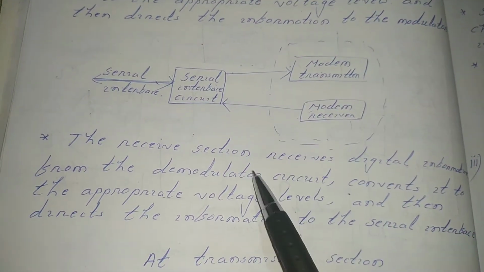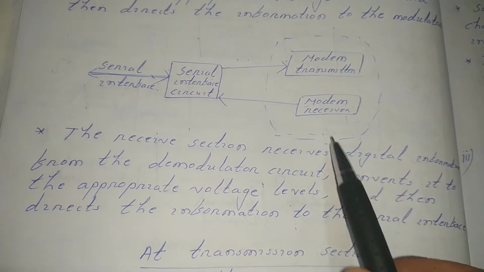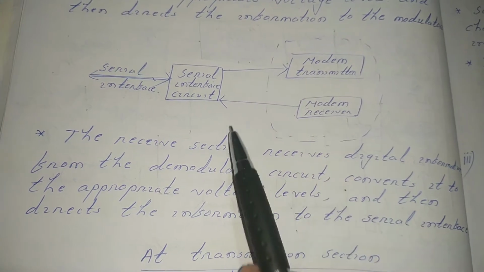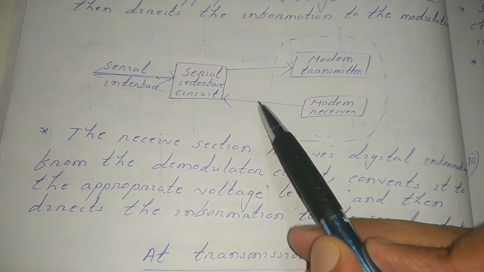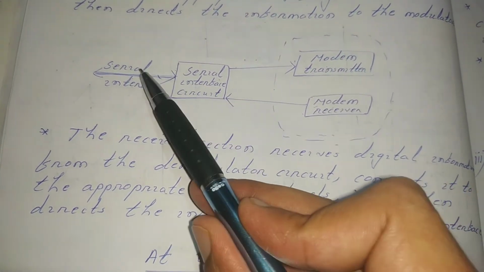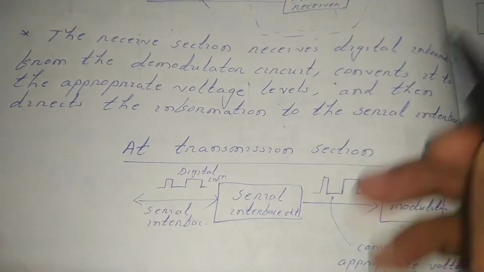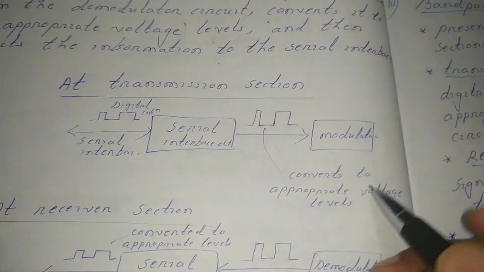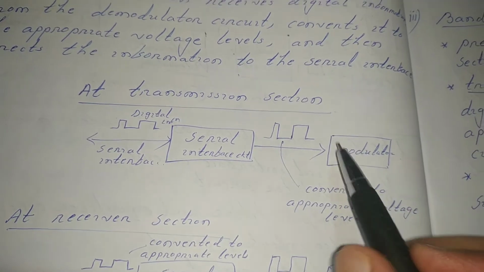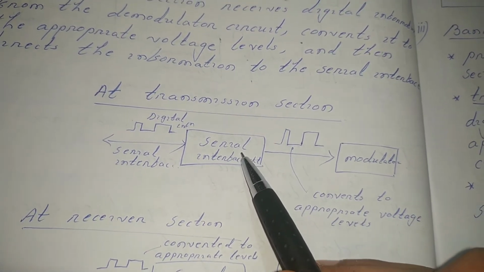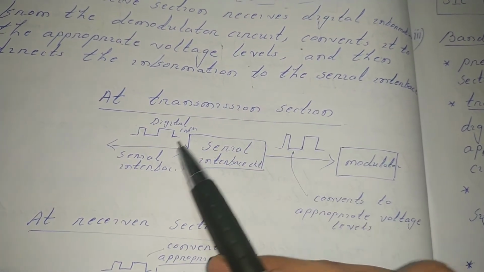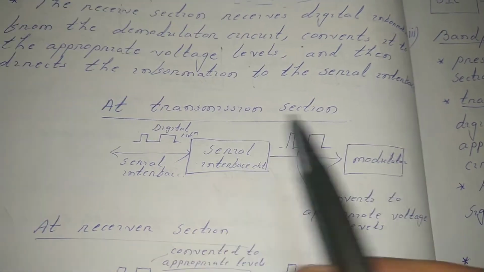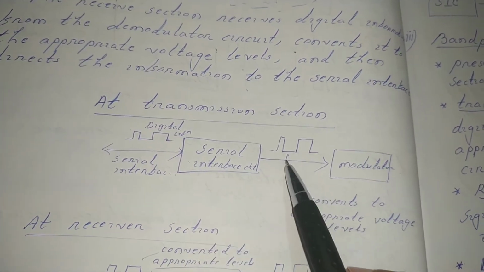The receiver section receives the digital information from the demodulator circuit and converts it to the appropriate voltage level, and then it will place it into the serial interface. See here, for better understanding I have drawn this diagram. The serial interface circuit is there. At the transmission section it is taking the digital information, then it is converting the voltage level.